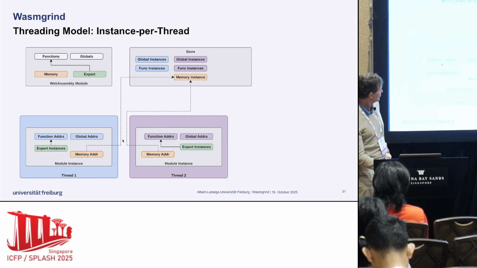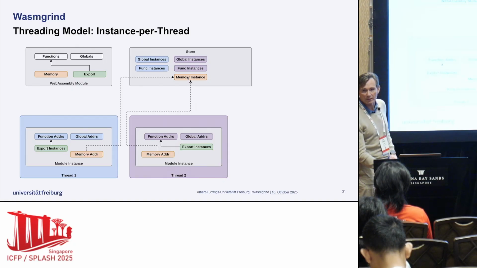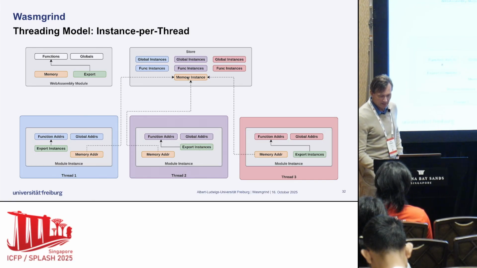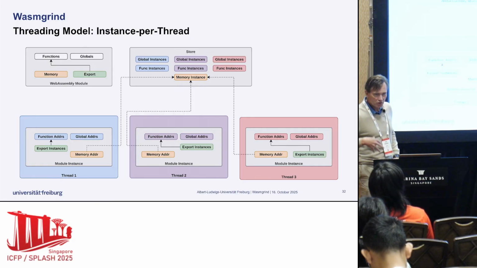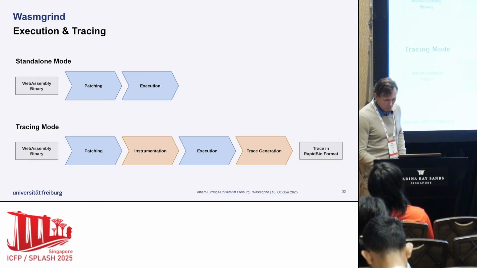If we want two threads to communicate, we would really like them to refer to a single memory instance. But if you straightforwardly instantiate it, it doesn't happen this way. Nevertheless, for each thread, you have to create a new instance of the WebAssembly module in order to get started.